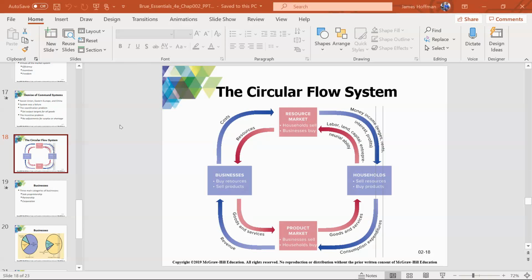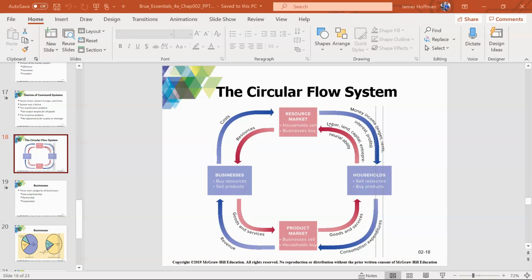This essentially shows how households and businesses are interlinked in the market system. You can see the arrows along which this flow chart is connected. Households basically sell their resources and buy products from the business market.